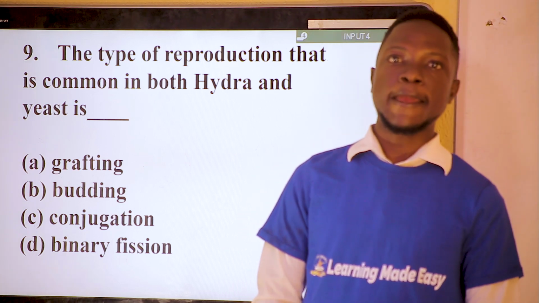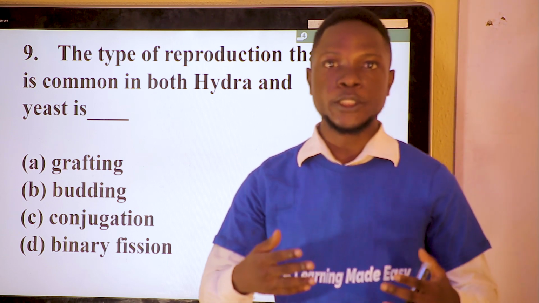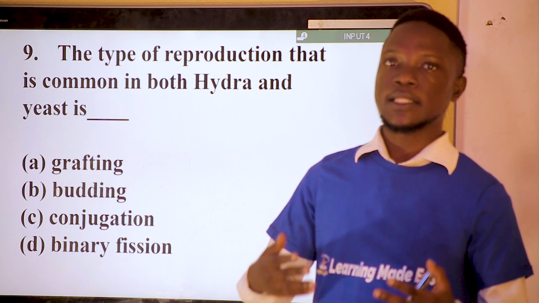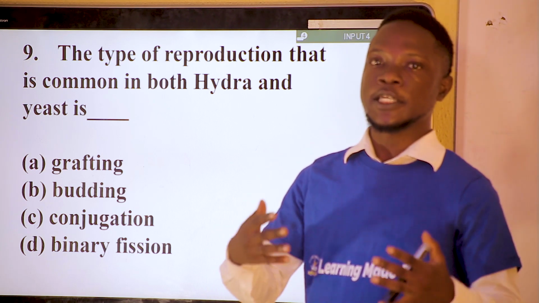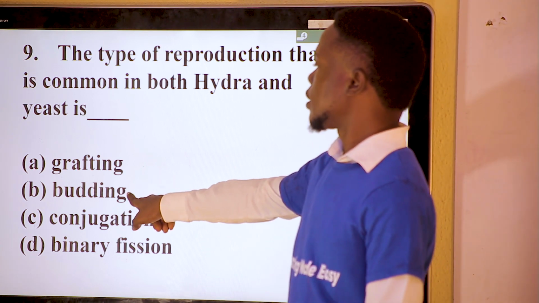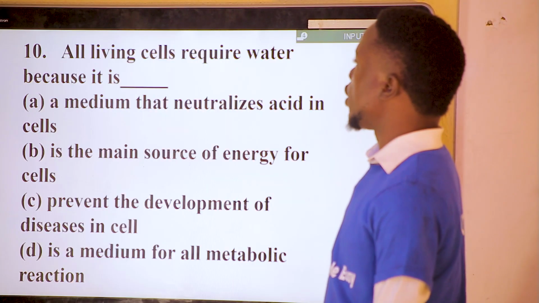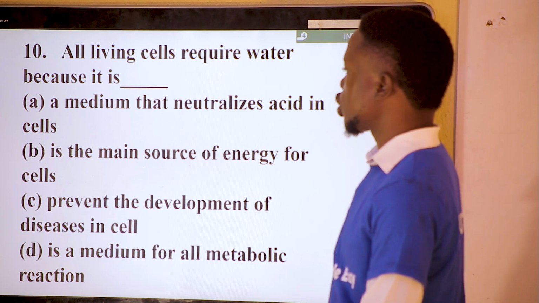Next question. Question number 9. The type of reproduction that is common to both Hydra and yeast is dash. Now, the reproduction that is common to both Hydra and yeast is budding. So that is option B. So our answer is budding. Question 10. All living cells require water because it is dash.